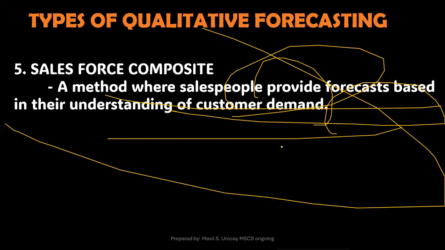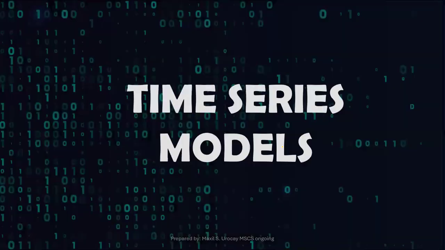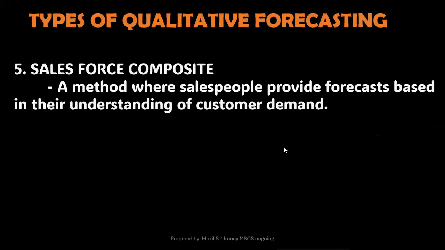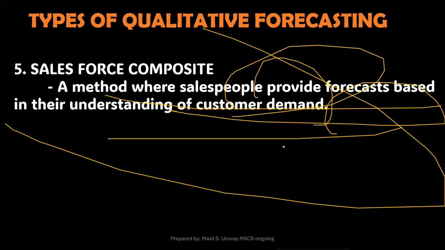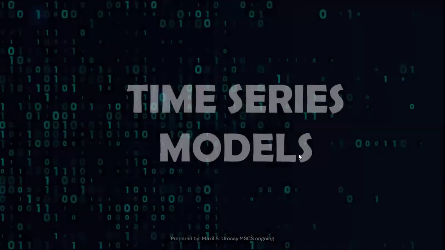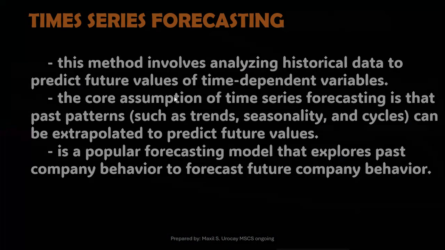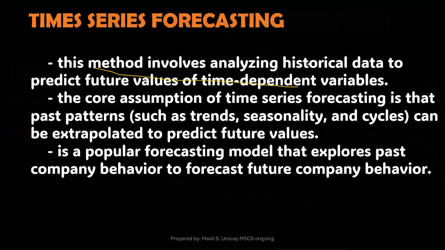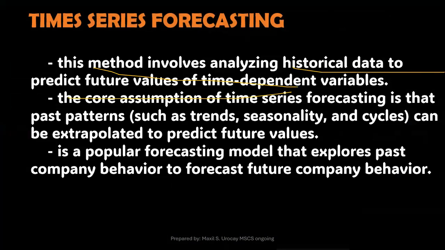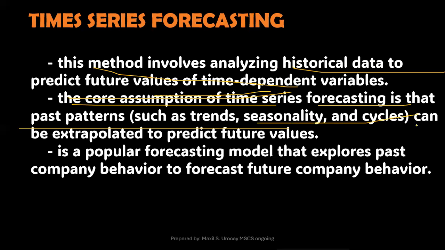Now, we'll deal with the time series model in the next slide as well. So, time series model. This is a method involving analyzing historical data to predict future values of time-dependent variables. The core assumption of time series forecasting is that past patterns, such as trends, seasonality, and cycles, can be extrapolated to predict future values.